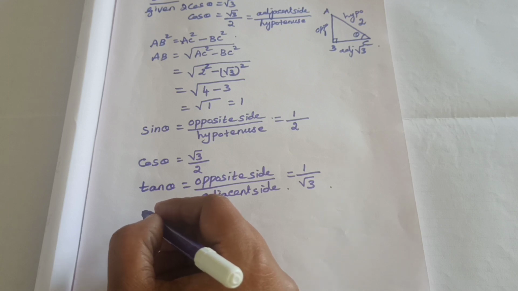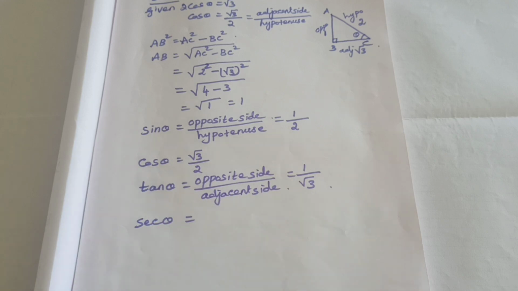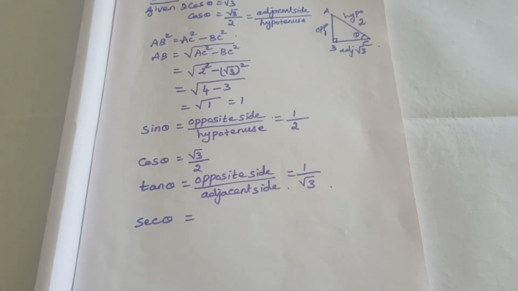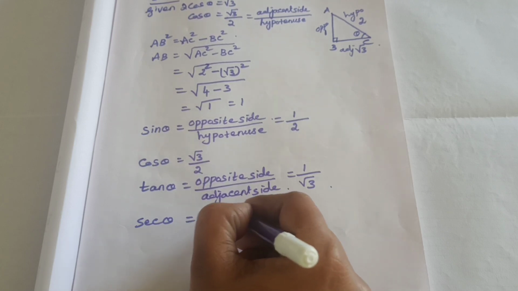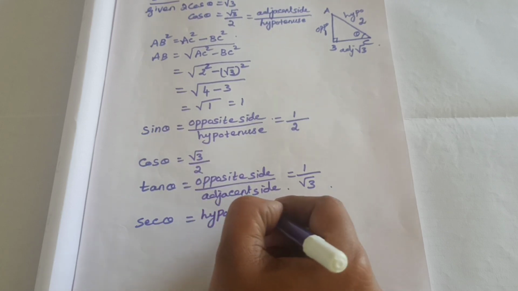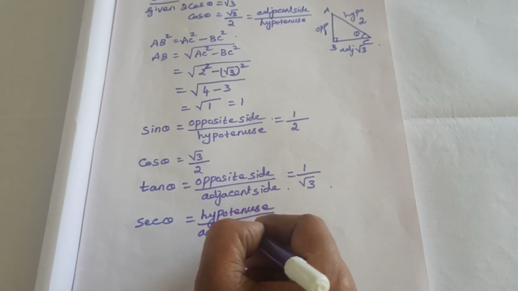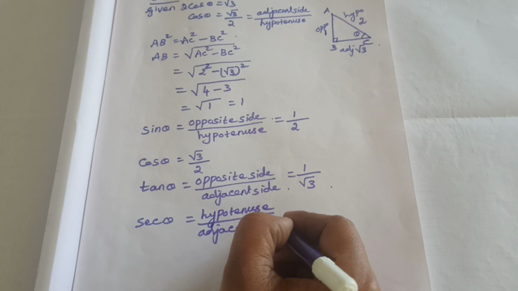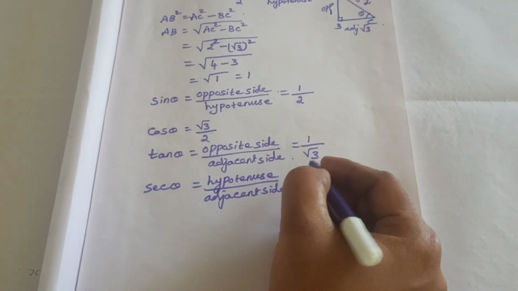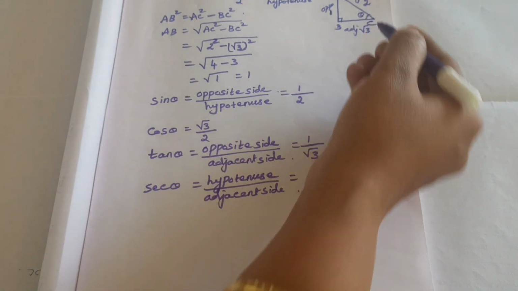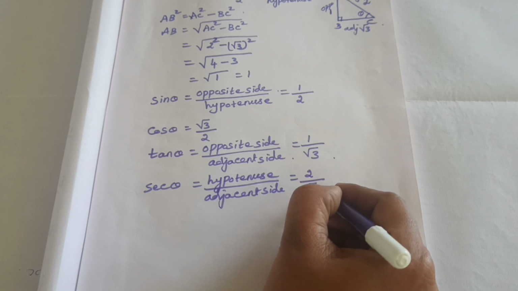Then next one, secant. Okay, secant theta is equal to hypotenuse divided by adjacent side. Very simple. This ratio everything you know is very simple. Okay, which is the hypotenuse here from the diagram? 2, isn't it? 2 divided by adjacent side is root 3.